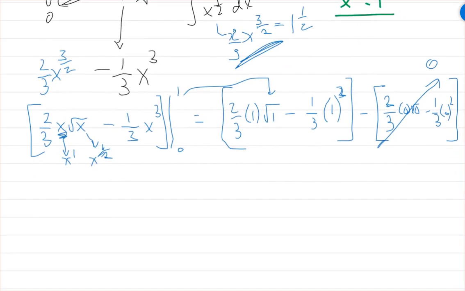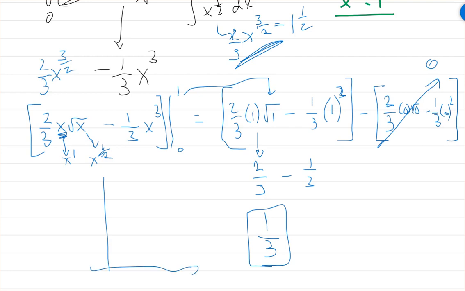So then what do we get? Well, 1 times the square root of 1 is 1. So this just gives me 2/3 minus 1/3, which is 1/3. Okay, so the area bounded, let me scroll back to my original picture. Actually, let me just go ahead and draw this again. So here's my function, and I'll draw this guy in green, square root of x, and this guy in purple, x squared.